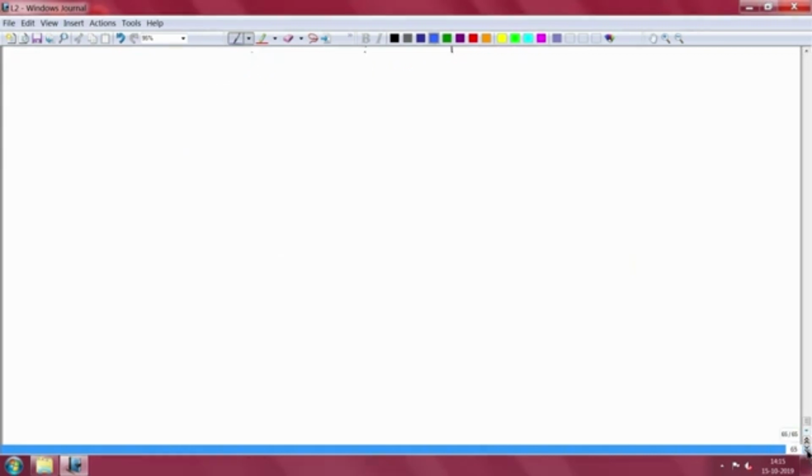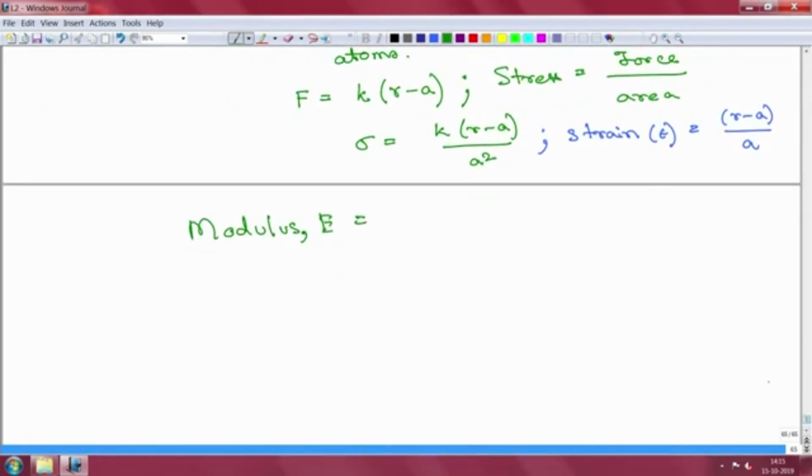So, what is your Young's modulus? The modulus, or let us say E, is the stress versus the strain. So, if you do that here, sigma divided by epsilon, you would end up with k by a, right.